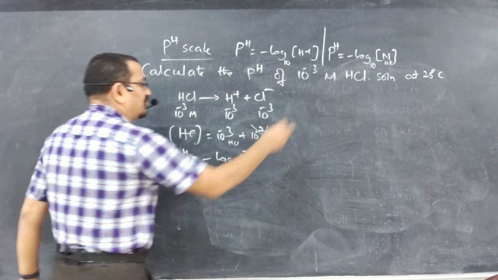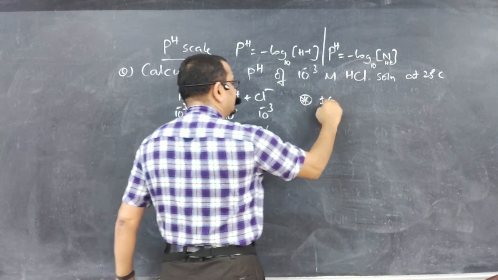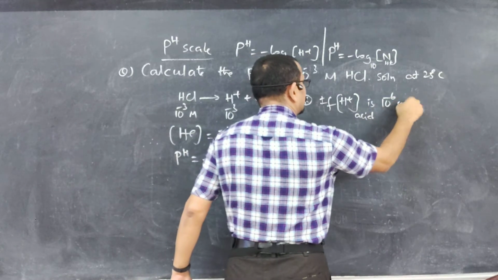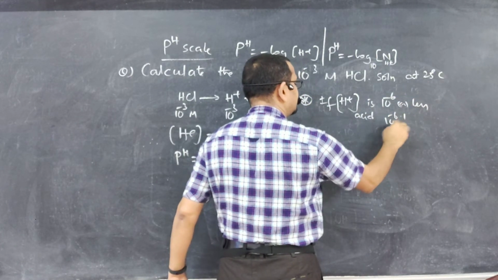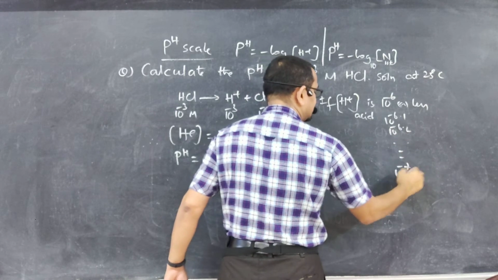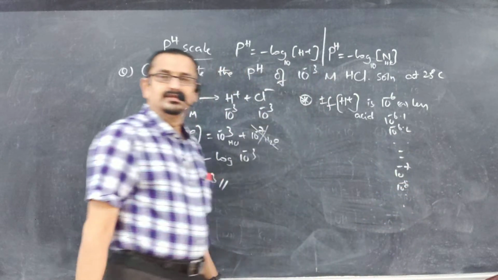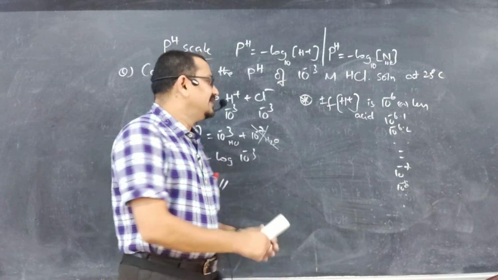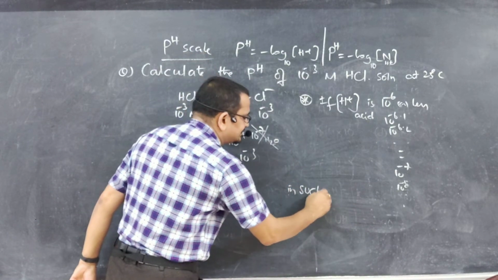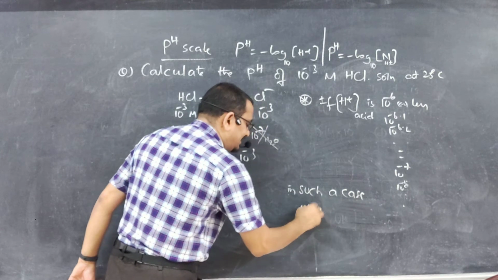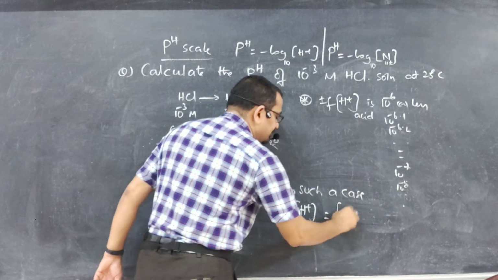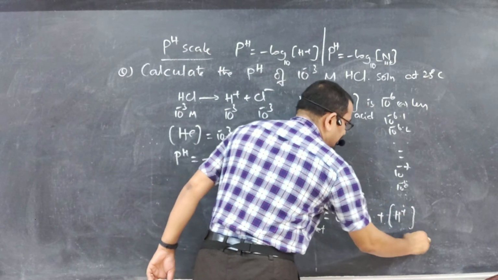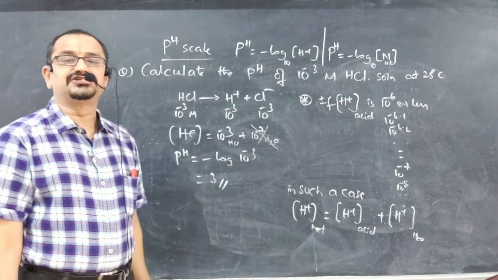The point to be noted here is, if H plus concentration coming from acid is 10 power minus 6 or less, meaning 10 power minus 6.1, 10 power minus 6.2, 10 power minus 7, 10 power minus 8 max, in such a case, net H plus concentration must be taken as H plus concentration coming from acid and H plus concentration coming from water. In this way, we have to take the net H plus ion concentration.